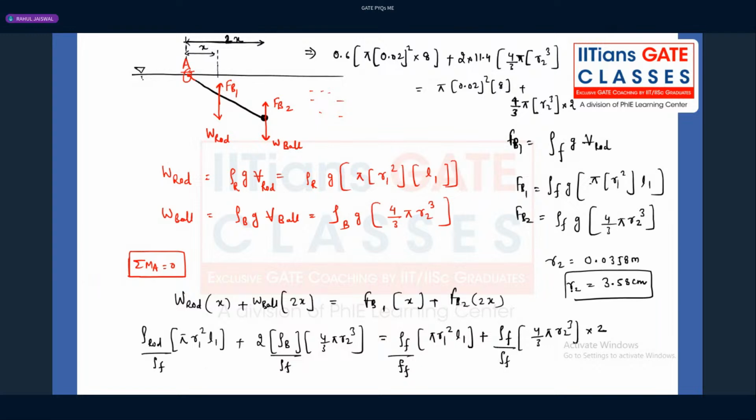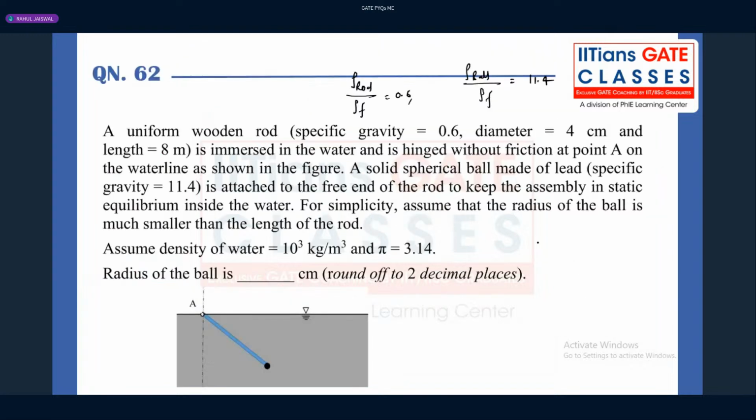So you're going to get 0.03587 meter. And if you multiply by 100, you're going to get 3.58 centimeter. That should be the radius.